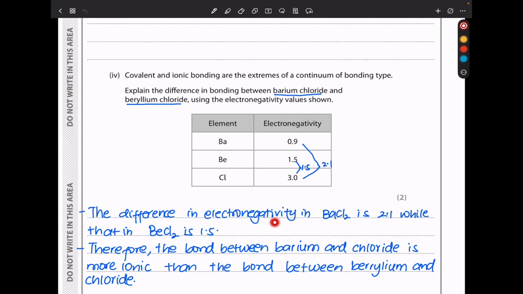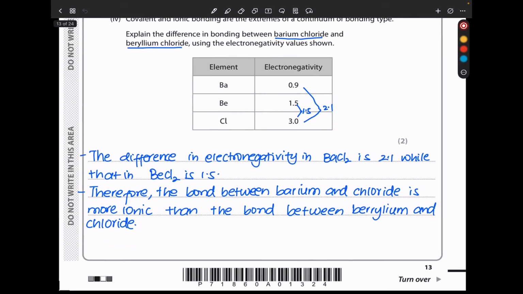The difference in electronegativity in barium chloride is 2.1, while that in beryllium chloride is 1.5. So the bond between barium and chloride is more ionic than the bond between beryllium and chloride. We can see there is a greater difference in electronegativity, so this is more charged in comparison to that, meaning it's more ionic in comparison to that between beryllium and Cl.